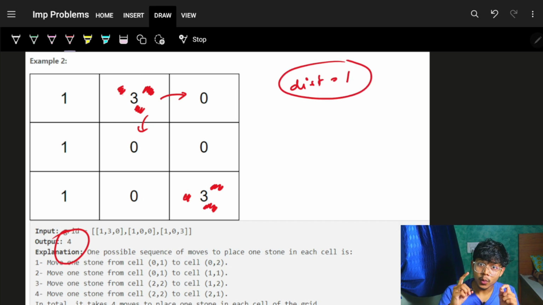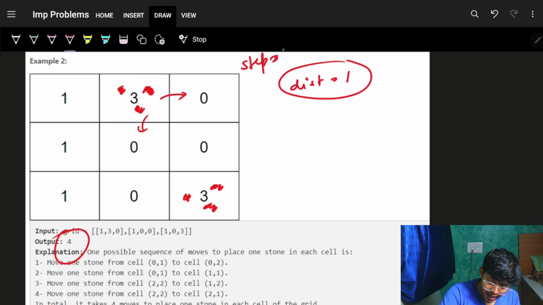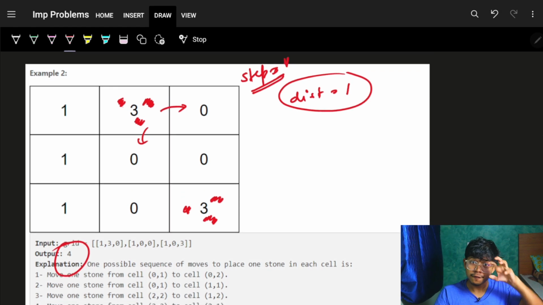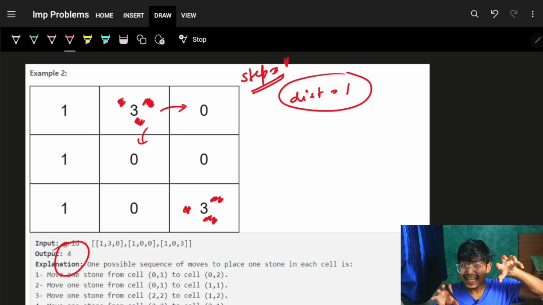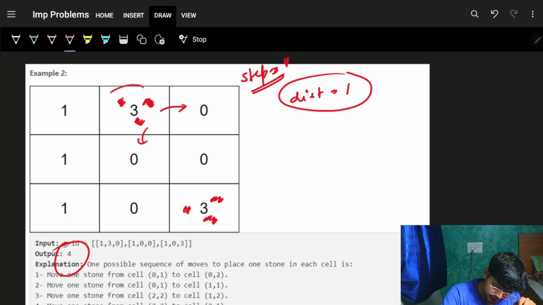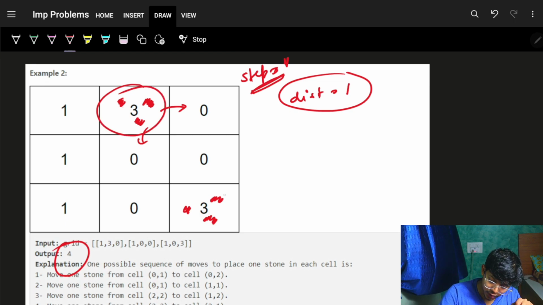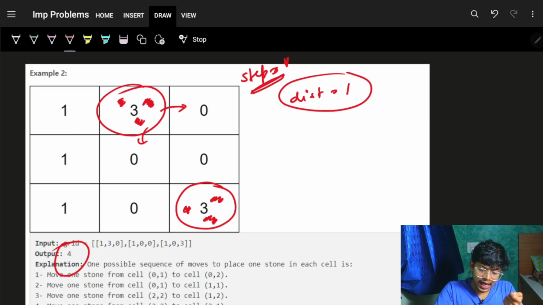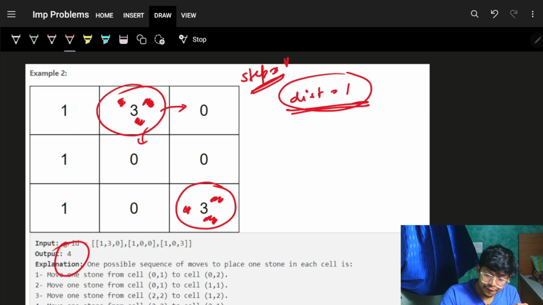So in step one, what I am doing is, for every cell having stones more than 0, I'll go on to every one of those cells, and for that cell, at every distance of 1, I will go and place a stone there. Okay, for this cell, I'll go and place a stone here.